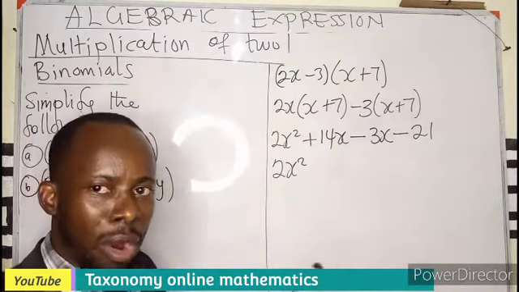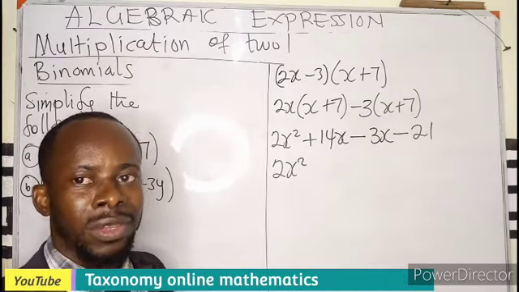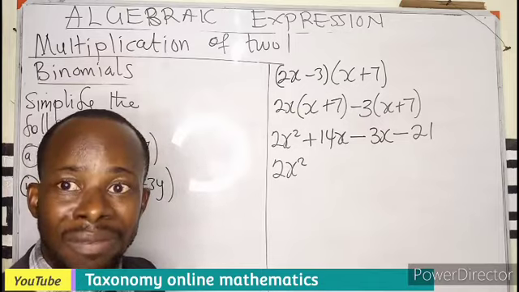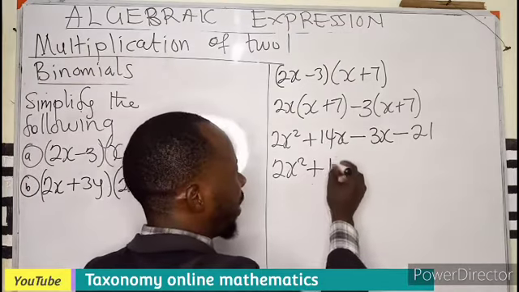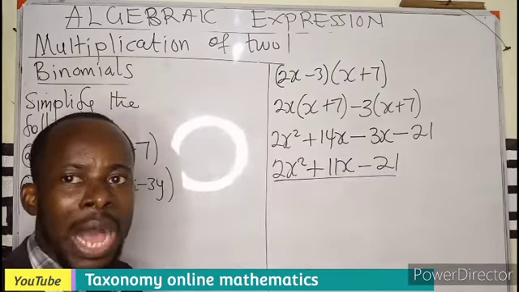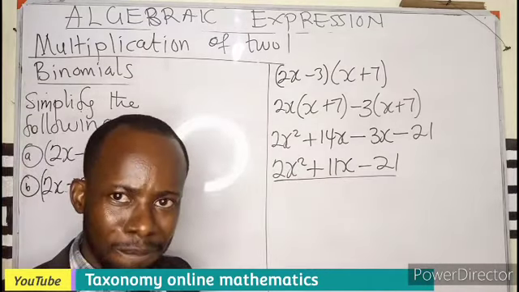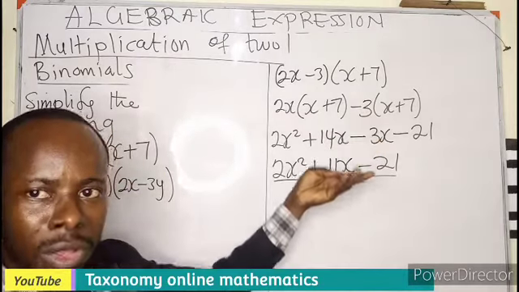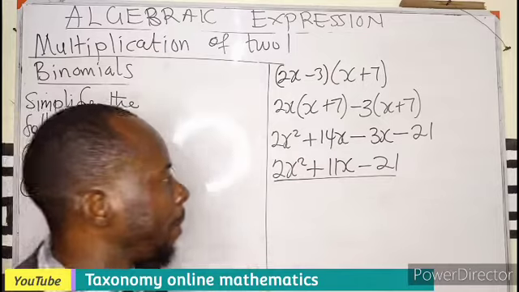So 14 green balls minus what? 3 green balls. If we take away 3 green balls, you will be left with what? 11. So positive 11x minus what? 21. So this becomes our final answer. In this case, we have 3 terms. It was originally 4, became 3. We leave it there. Good.